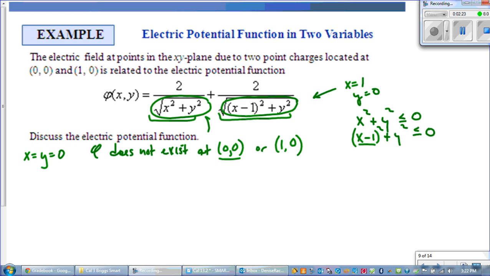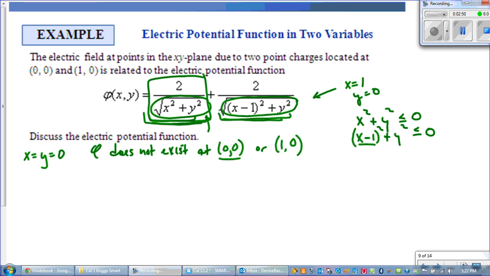And in that case, 2 over that, as the denominator is getting larger and larger, will actually be getting closer and closer to 0. And that's true for both of these two terms. So the further away you get from the points (0, 0) and (1, 0), the smaller this term becomes and the other term becomes, and so the electric potential function is getting closer and closer to 0.